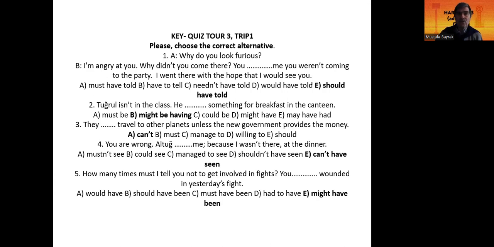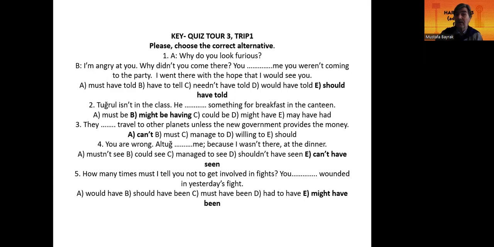Second question, Tuğrul isn't in the class now. He blanked something for breakfast in the canteen. But this is about the present and future. He might be having, okay? Continuous model, simple model, continuous.